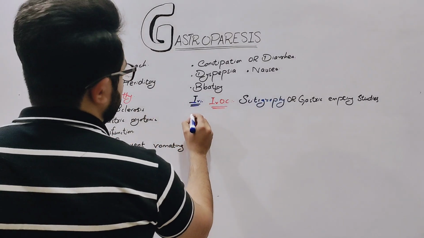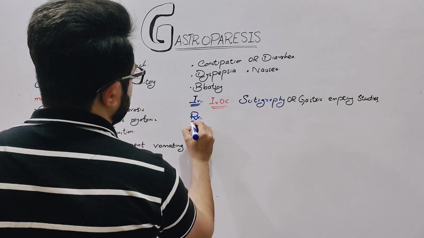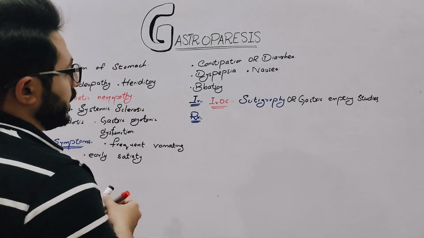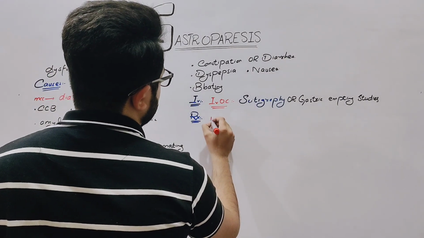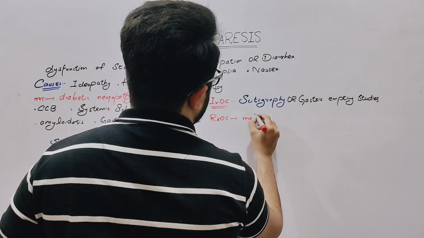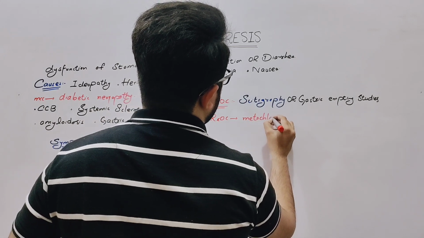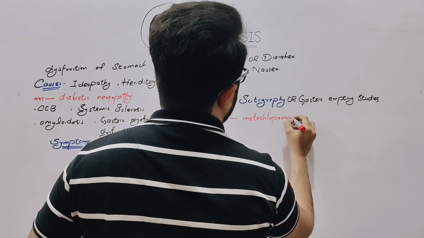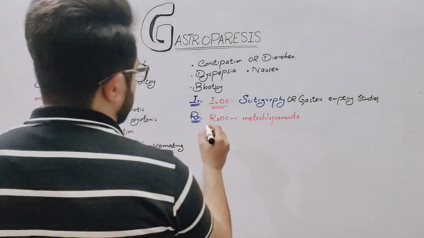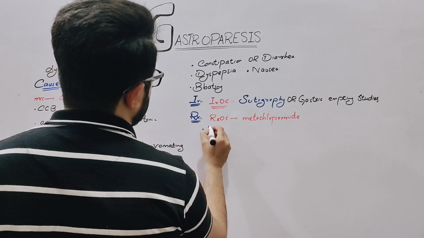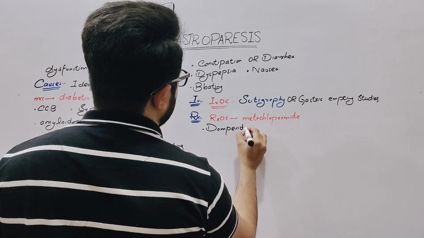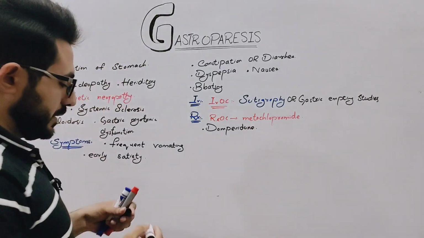So let's discuss the treatment. The drug of choice is metoclopramide, and along with metoclopramide you should give domperidone.